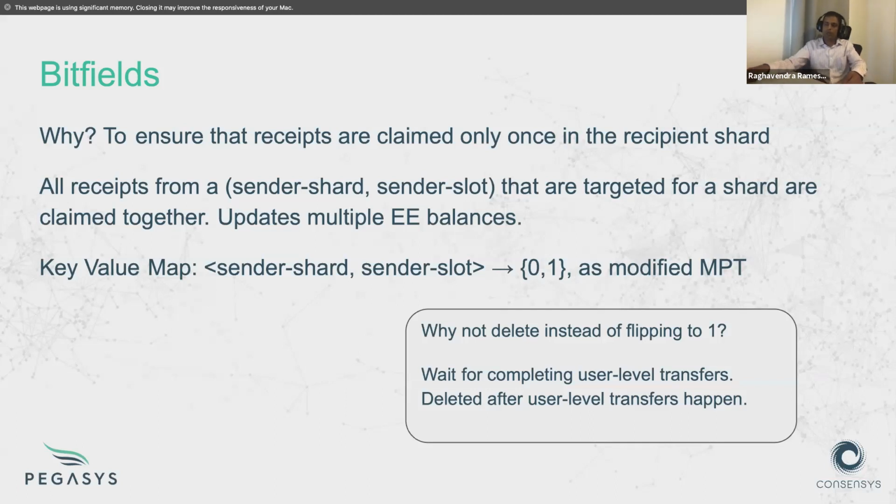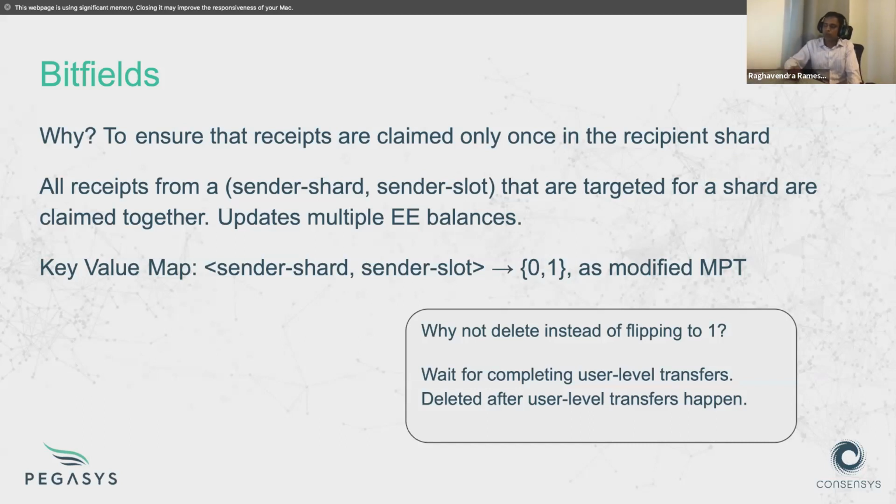These receipts would update multiple EEs on the recipient shard. This approach constrains that all receipts targeted for a specific shard need to be processed together. That means it would involve updating multiple EE balances, so all those transactions would necessarily have to be included in the same block, the same slot.